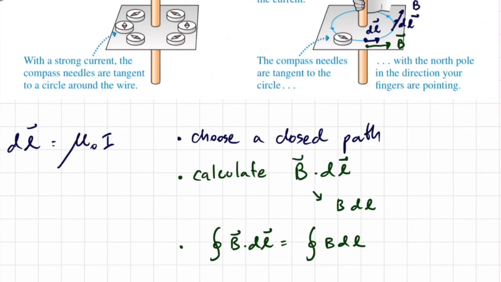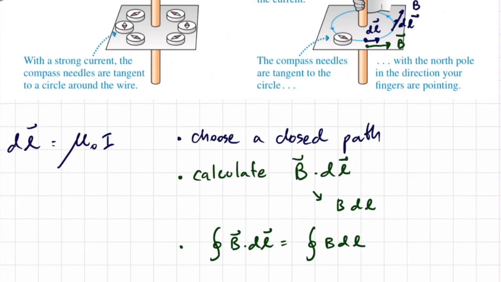At every point on the circle, the B vector and the dl vector point in the same direction. Because of the symmetry of the problem, the magnetic field has the same magnitude at every point on the circle, because every point on the circle is the same distance from the wire, which is the radius of the circle.